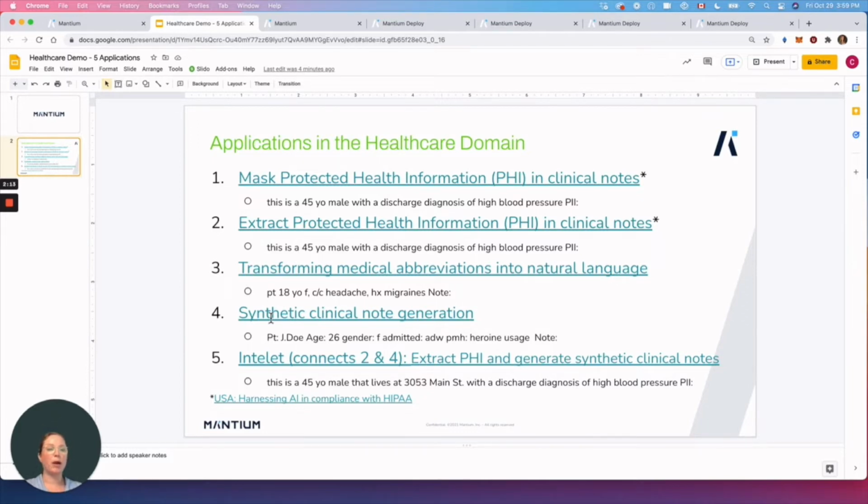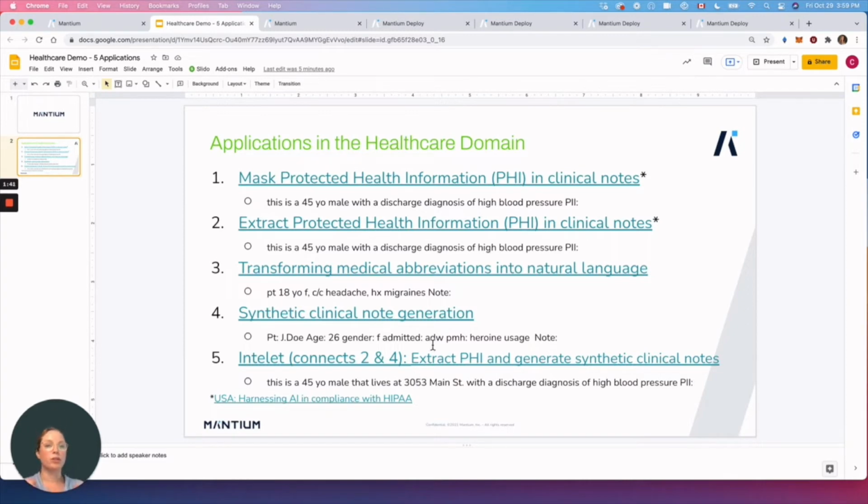And this is very powerful because pretend, for example, you have an input like this. You'd like to only extract the age and the condition of this patient, but you'd like to leave out the patient's address. So what you can do is extract the age and the patient's diagnosis and leave out the address.